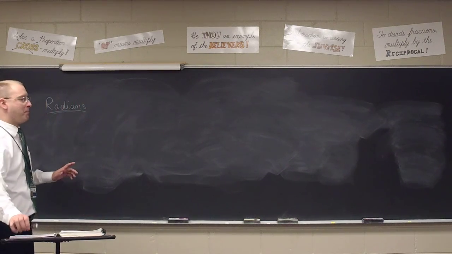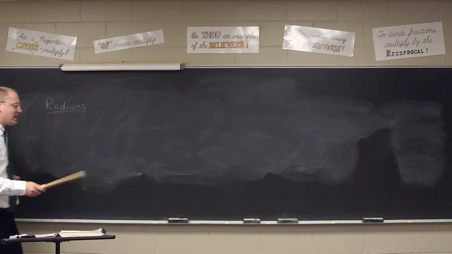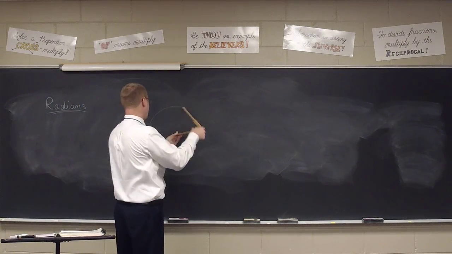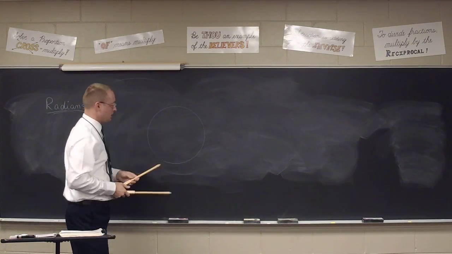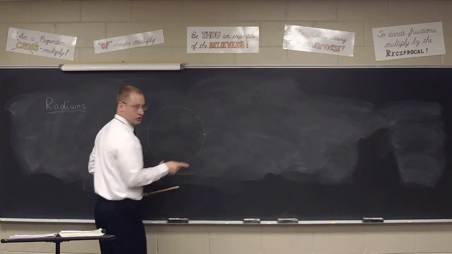Now I want to take you back just a little bit to geometry last year. And I showed you an interesting kind of construction thing. I had you draw on your papers a circle, okay? And then I had you mark any point on the circle.